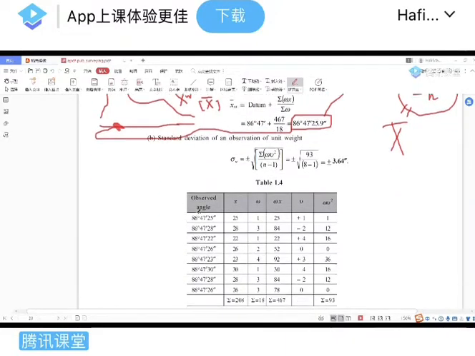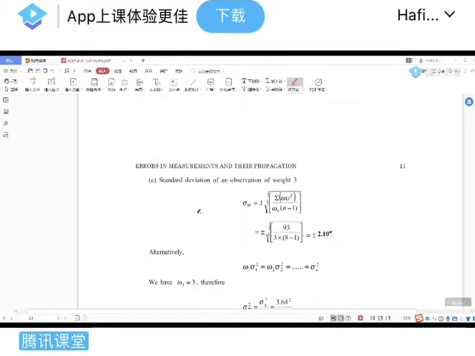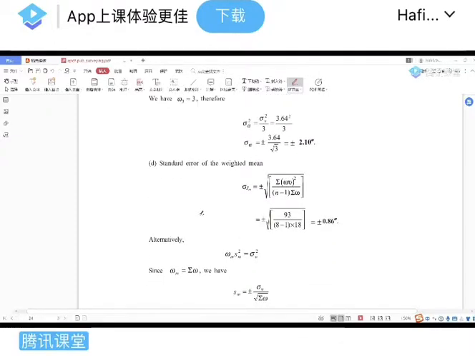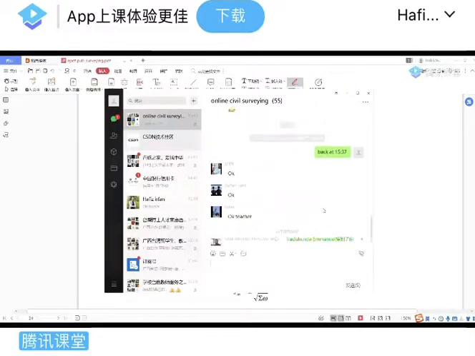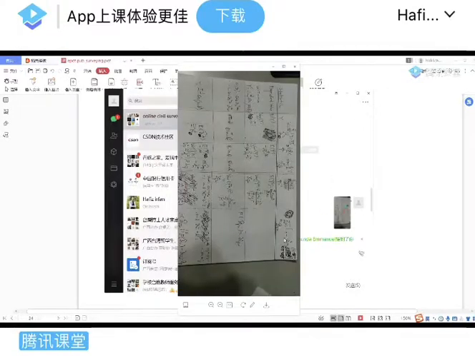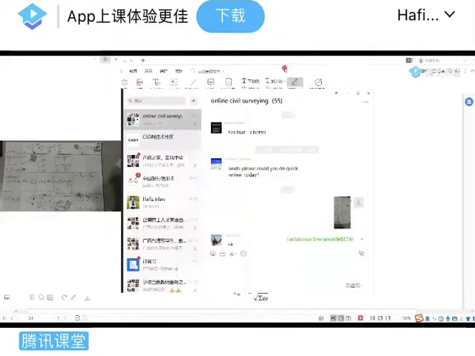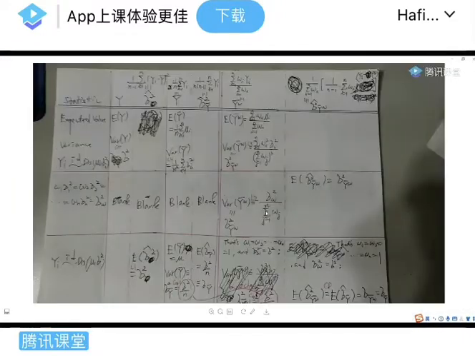Okay, so now what are you going to calculate? You are going to calculate the standard error. Based on the statistics, of course, you have to go through statistics, but I don't know how much you can take. If you can't take it, you can just memorize this one and do all the calculation. In the sheet I gave you, I also derived this and gave you some idea about the weight.